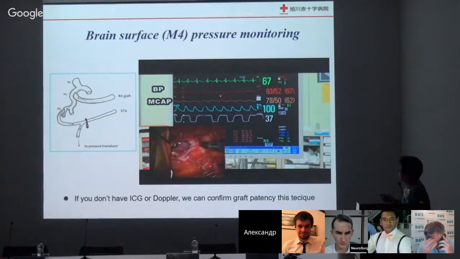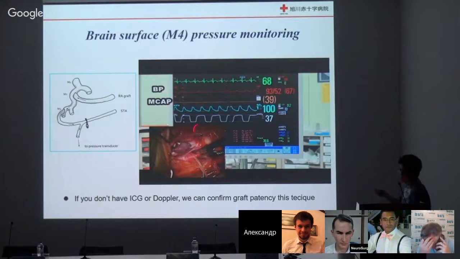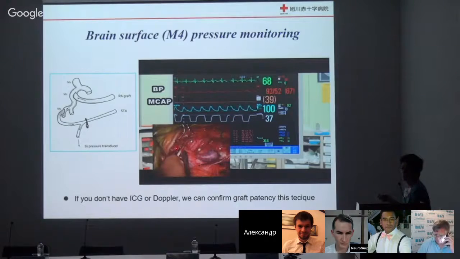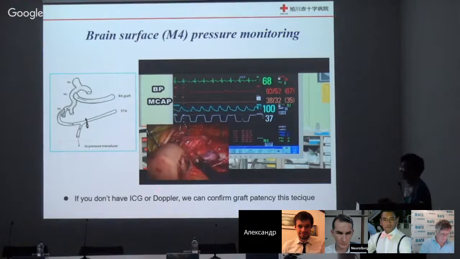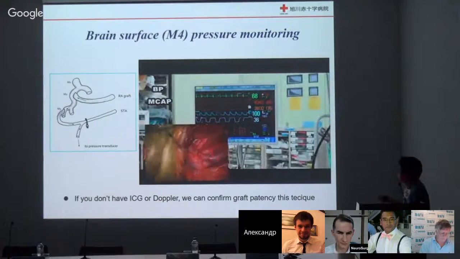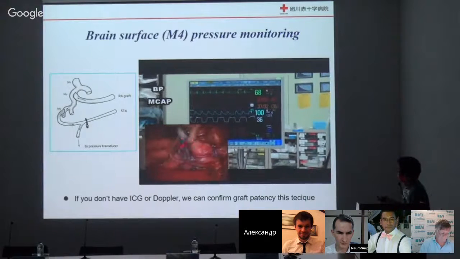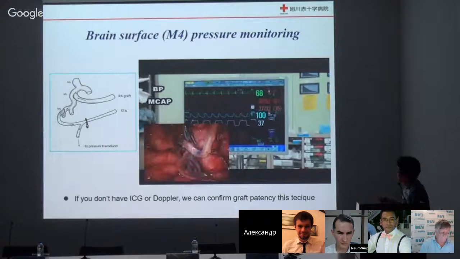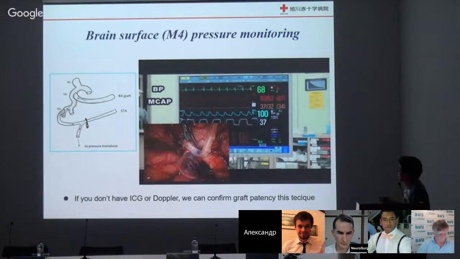Before opening the graft, firstly block the ICA. If the collateral flow is not good, MCA pressure decreases. It means no collateral, so we can't block the ICA without a graft. Now open the graft.